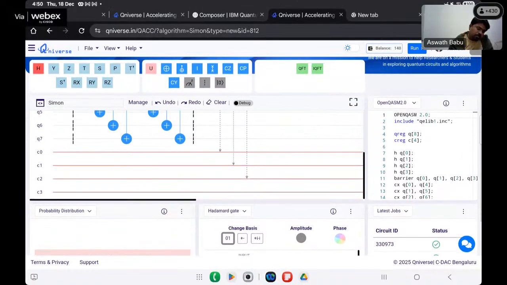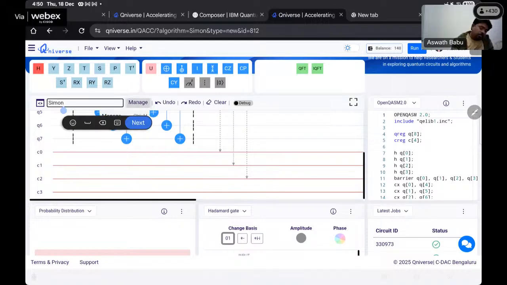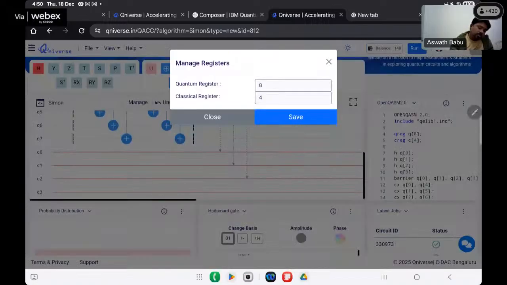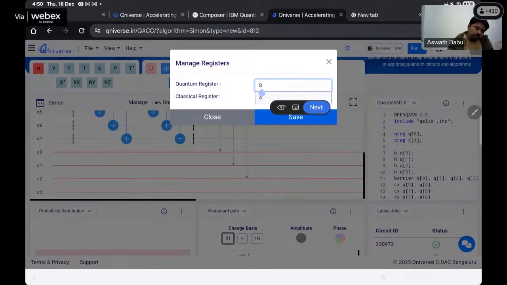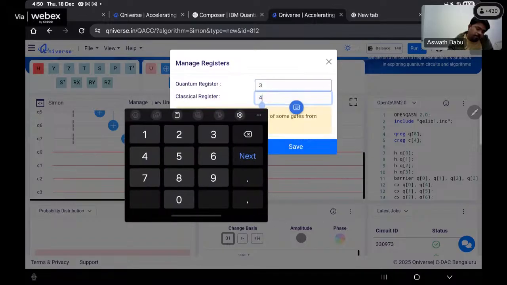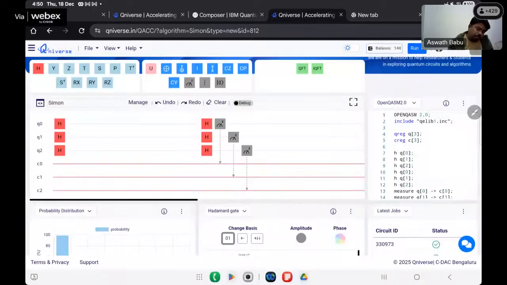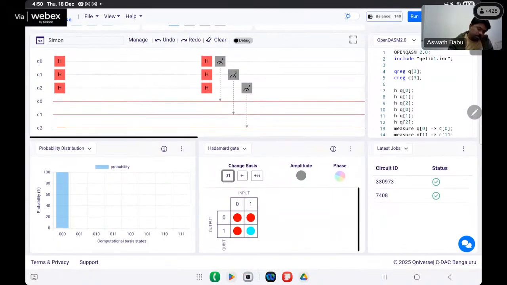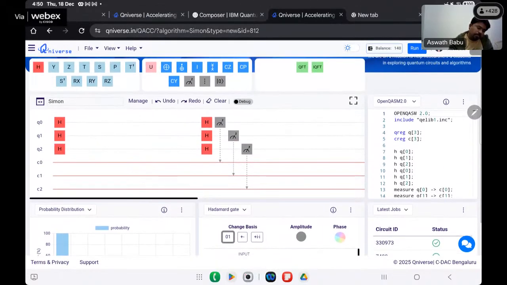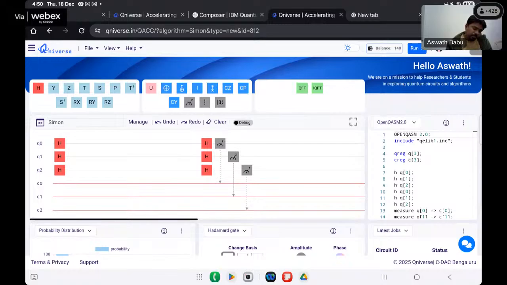Four plus four is 8, so it can't go more than 4. Let me reduce it to 3. Okay, so this is also 3. What is the state? I had put the wrong s.